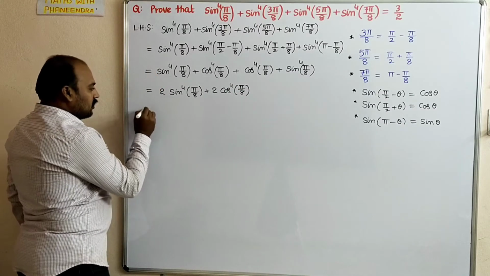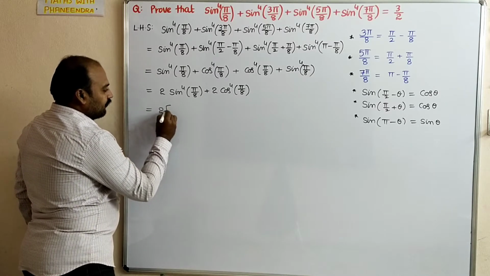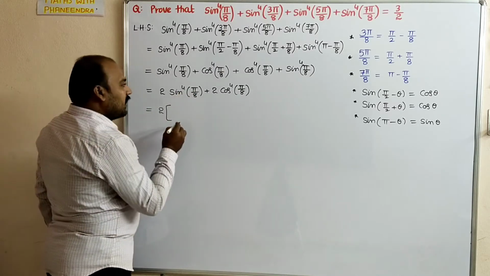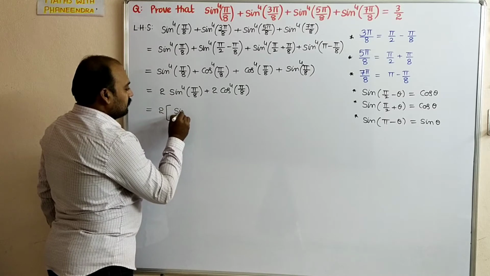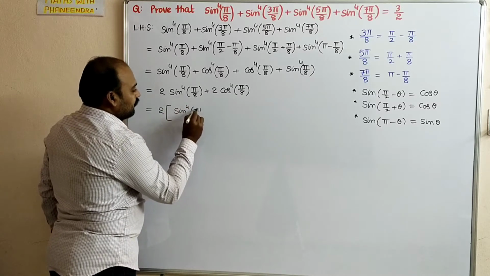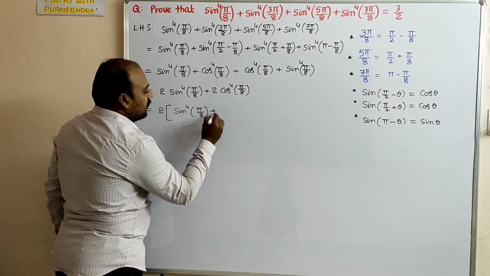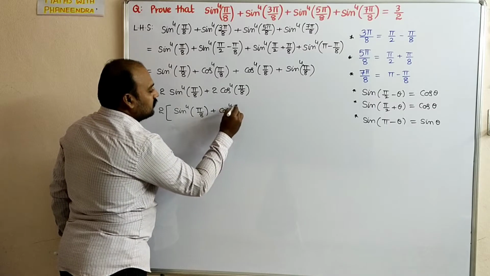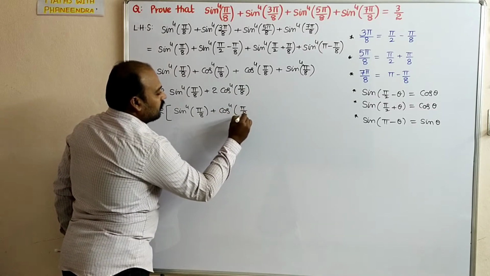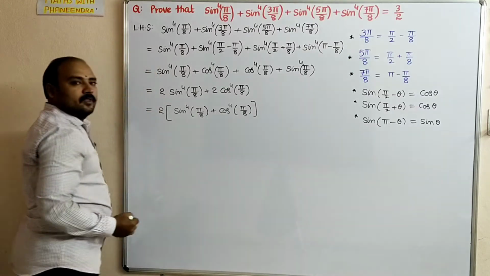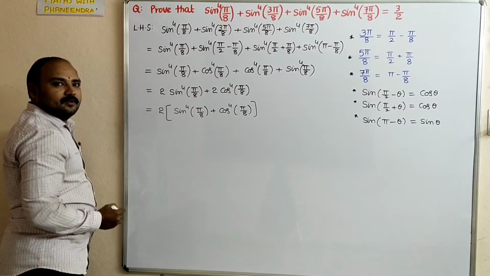So 2 times of sin power 4 pi by 8 plus cos power 4 pi by 8. How to do that?